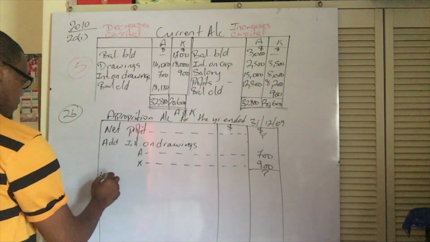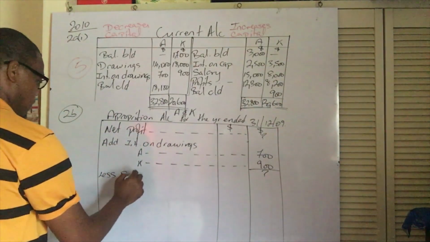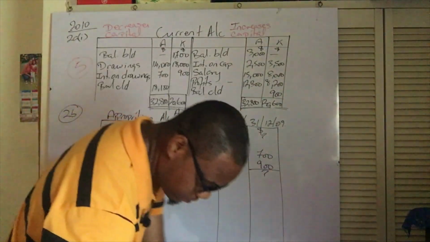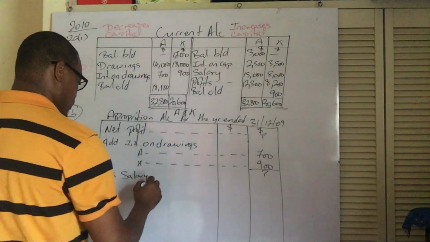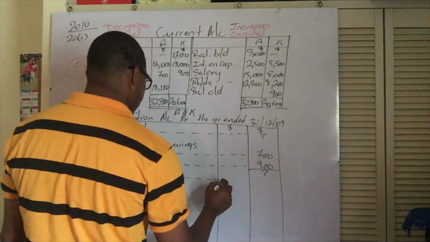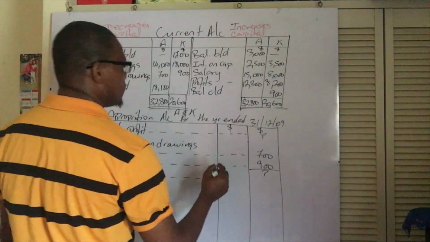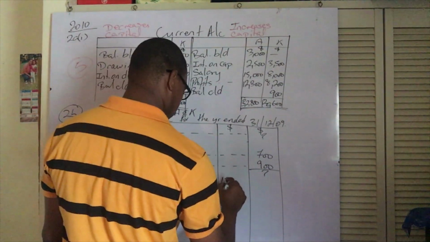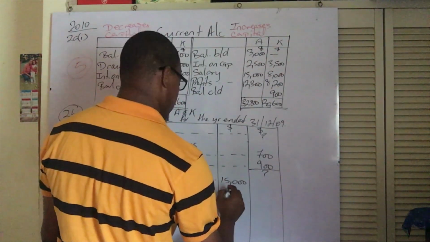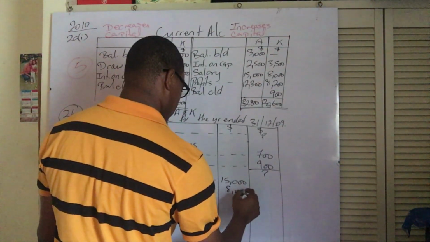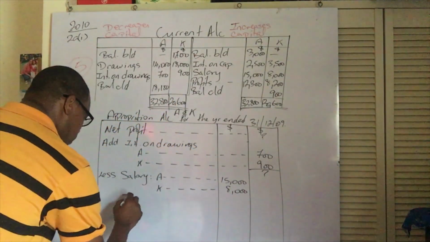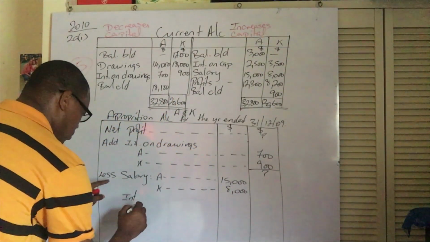Then we're going to less salary. Who gets salary now? Both of them get salary. So Angel's salary and then Carissa's salary. Angel's salary is 15,000. Carissa's salary is 8,000. But we're also going to less interest on capital. So we're keeping this less up here.